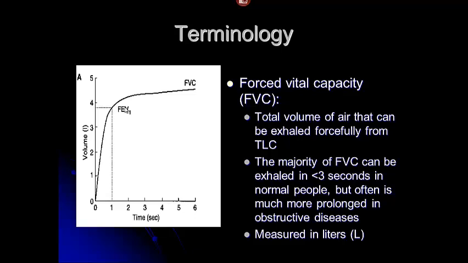And even more, one of the most important parameters will be forced expiratory volume in 1 second. This would give you in detail the main difference between obstructive and restrictive. Why? Because the majority of forced vital capacity can be exhaled in the first 3 seconds in normal people, but often it's much more prolonged in obstructive pulmonary diseases.